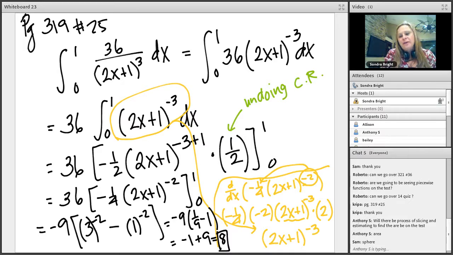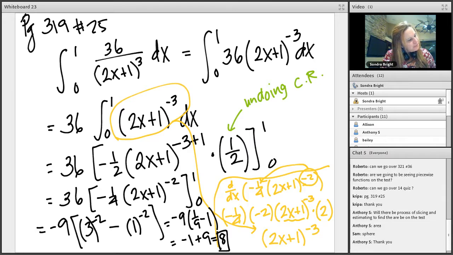Oh, the sphere one, no. That is a prelude to what is coming very soon for you guys. Yay! But no, the sphere one, you do not need to worry about. Estimating the volume of a sphere, don't worry about that one. I don't think so anyway. That would suck if I was wrong, but no, I don't think so.